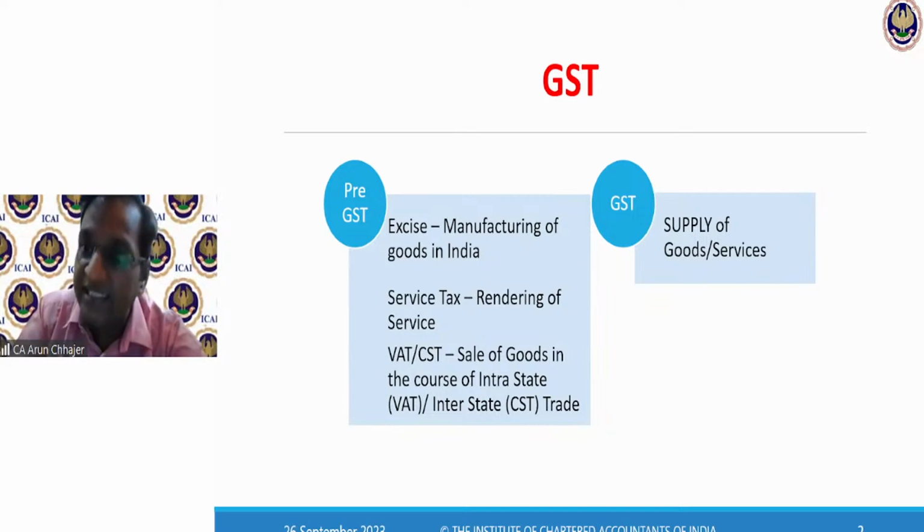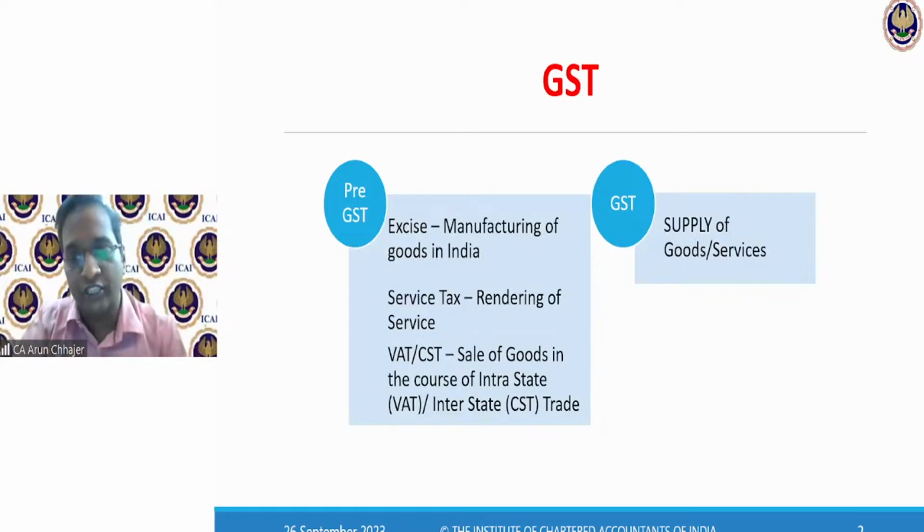Again, CST, sale of goods from one state to another state. But when GST was introduced, there is only one event. What is that taxable event? Supply. Not only supply, supply of goods or services or both. Clear? This is the taxable event in GST.